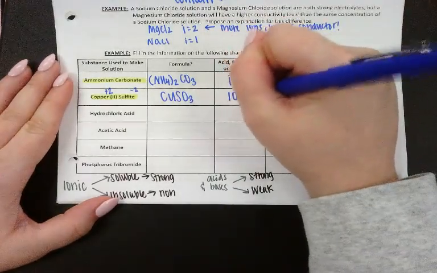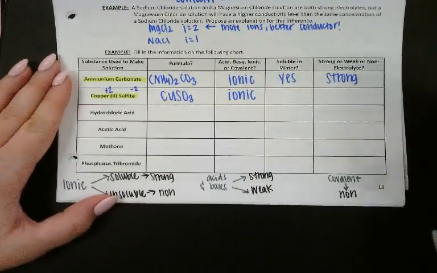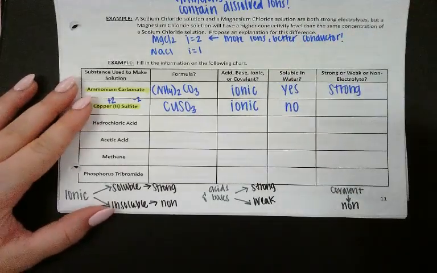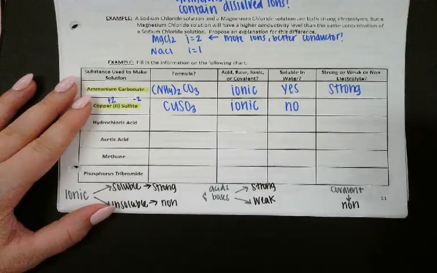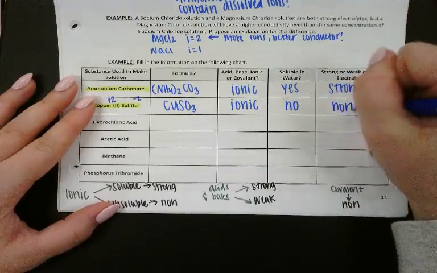Ionic. Adeline, call on somebody not at your table to answer the next one. Priya. Say it again. So it's not soluble. And then, Priya, call on somebody not at your table for the last one. Non. Very good.